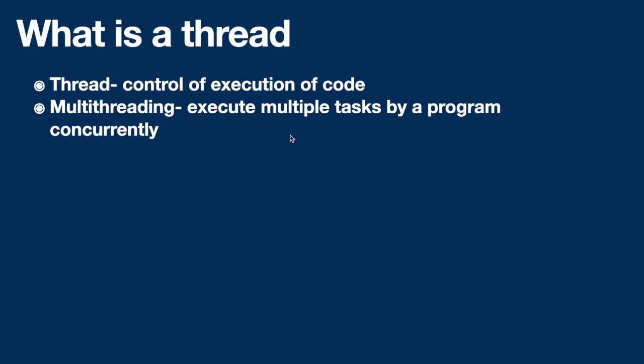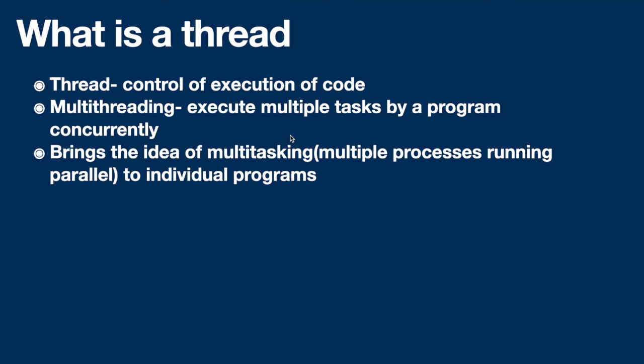But when we think of multi-threading, we also have to think of multitasking. Multitasking is an old concept which has been there in multi-core processors as well as single core processors.